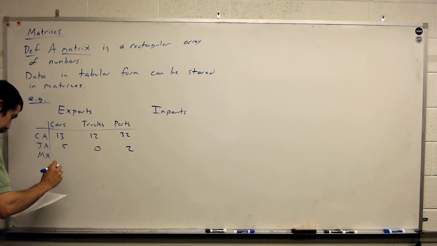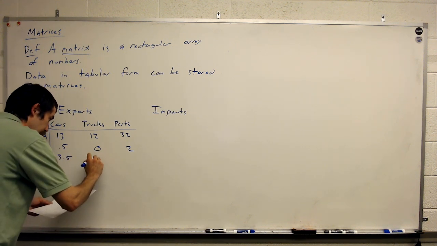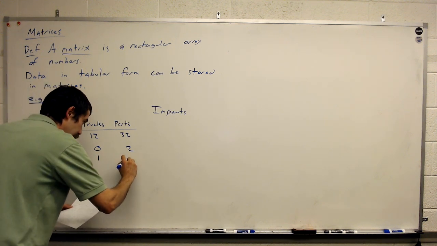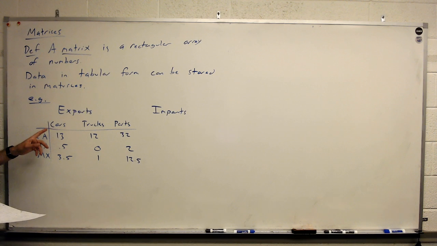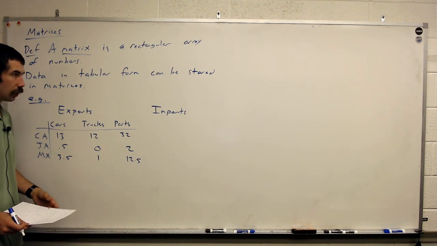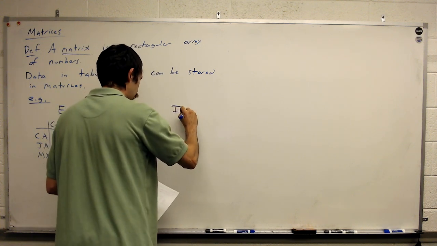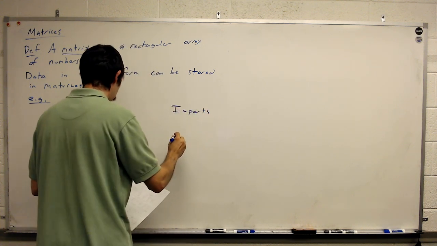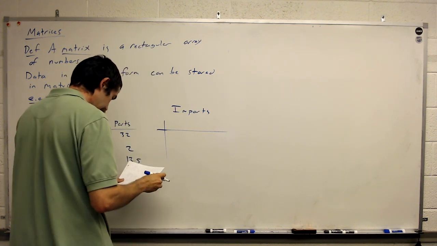And Mexico, 3.5, 1, and 12.5. All right, so here we have data on the exports, and we also have data on the imports. The same 3 objects, same 3 countries.